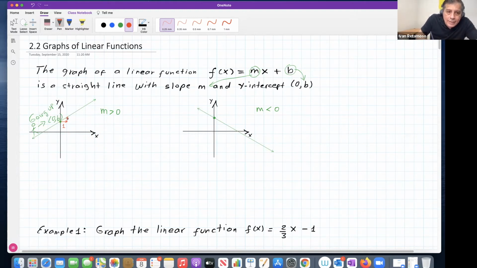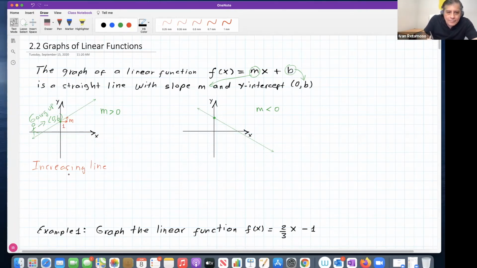Turns out that variation is just the slope m, okay? So this is an increasing line, right? Walking along the line from left to right, you're going up.